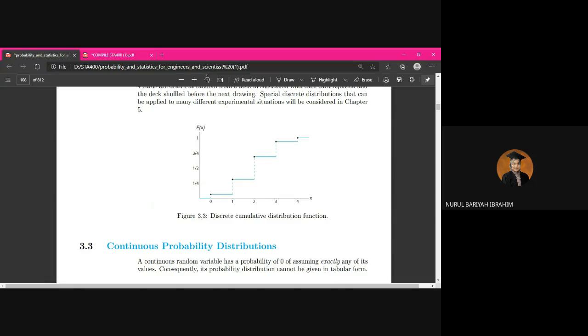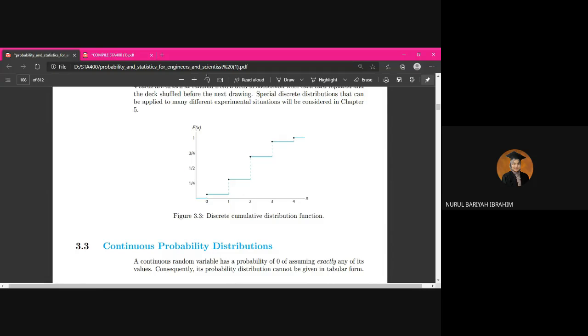Sini capital F1, capital F2, capital F3, capital F4. So because of the cumulative kan, so dia nampak macam ladder kat sini. Dia macam tangga sebab cumulative adalah value yang terkumpul. So that's it. For discrete probability distribution.